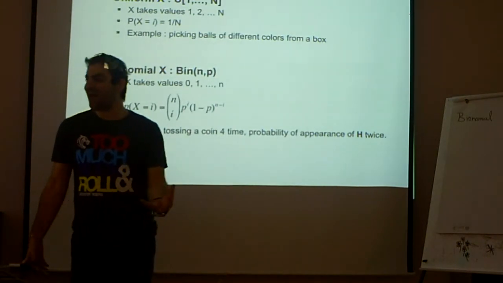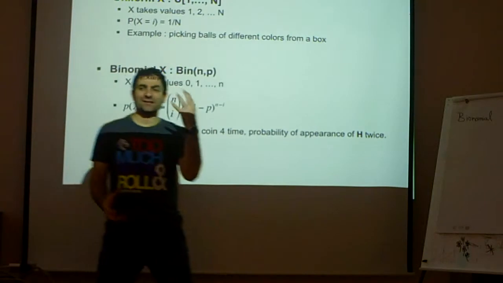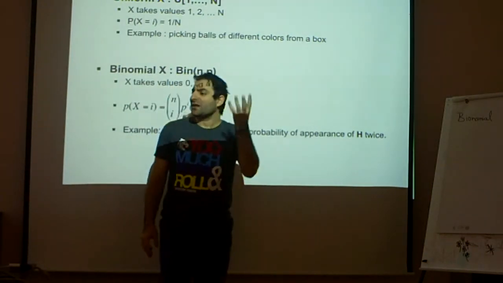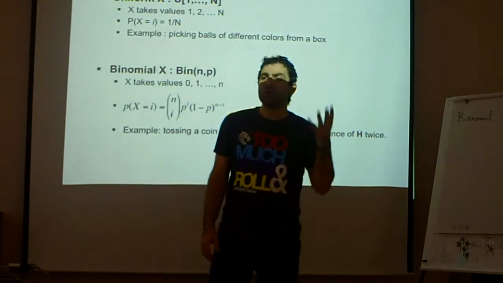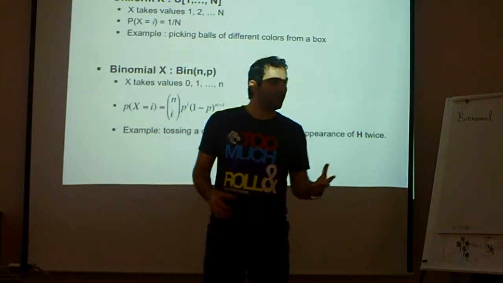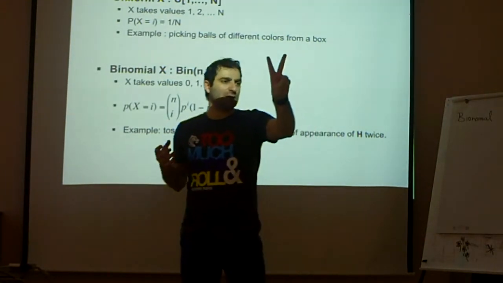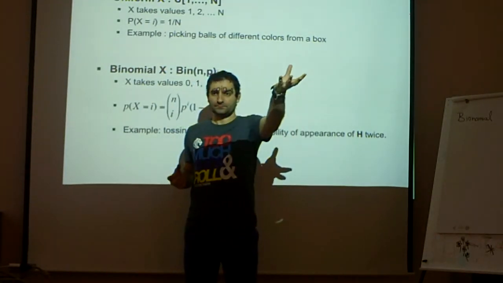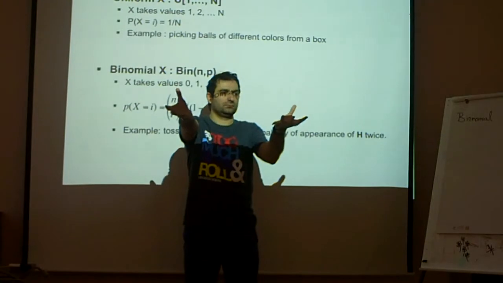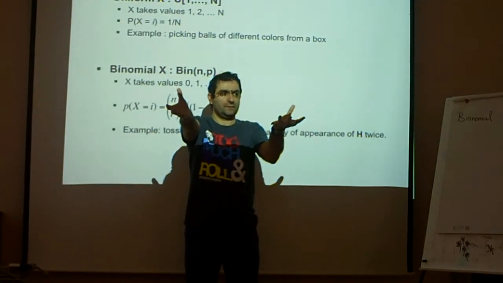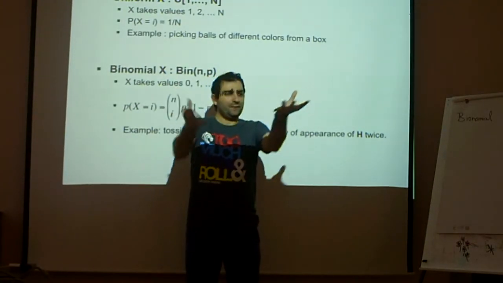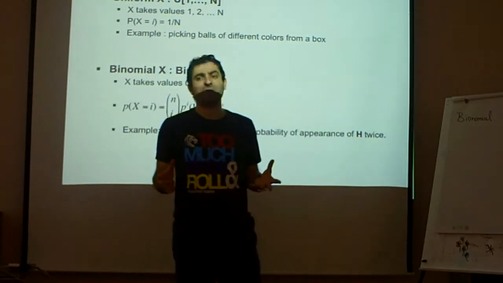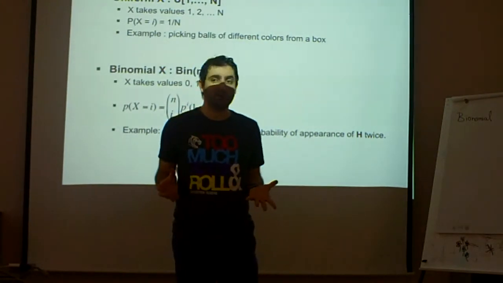We can have only two statuses, two outcomes. So, if you can define your question in a form where you have only two outcomes, and usually we call it success or failure, then it means that the distribution can be represented as a binomial distribution.